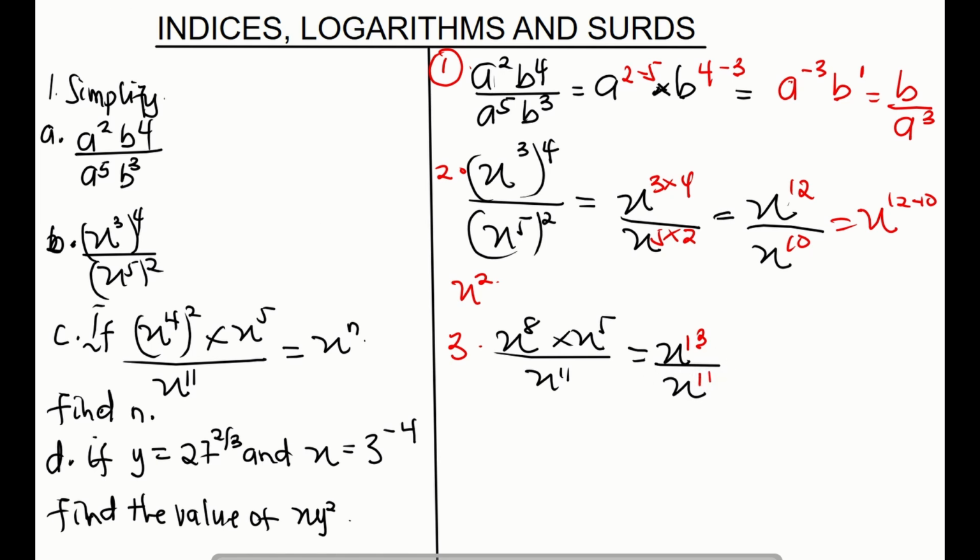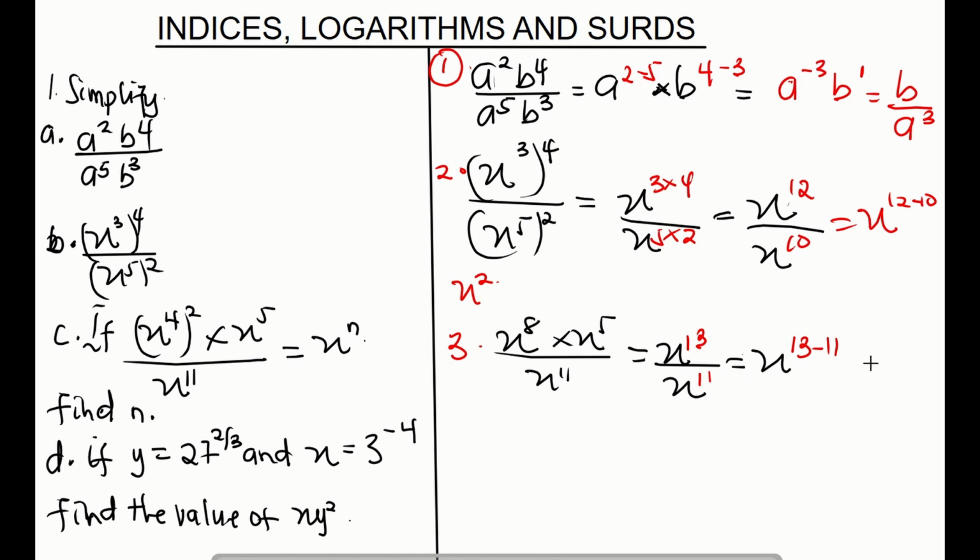And this is equal to, because the bases are the same and they are divided, we subtract the exponents, where the exponent of the numerator comes first, so we have x to the power 13 minus 11.